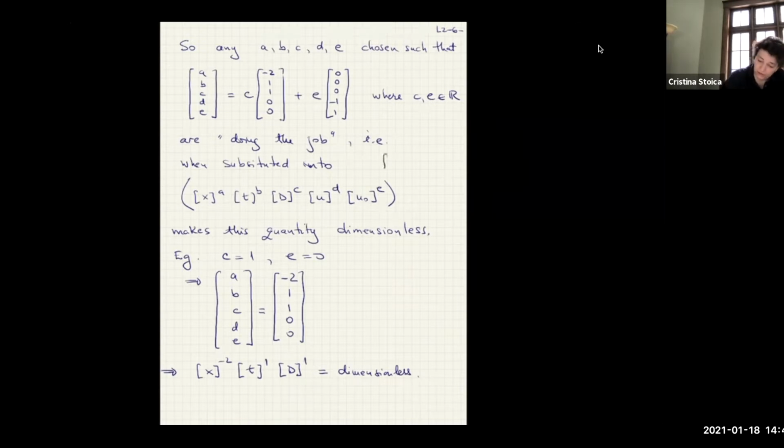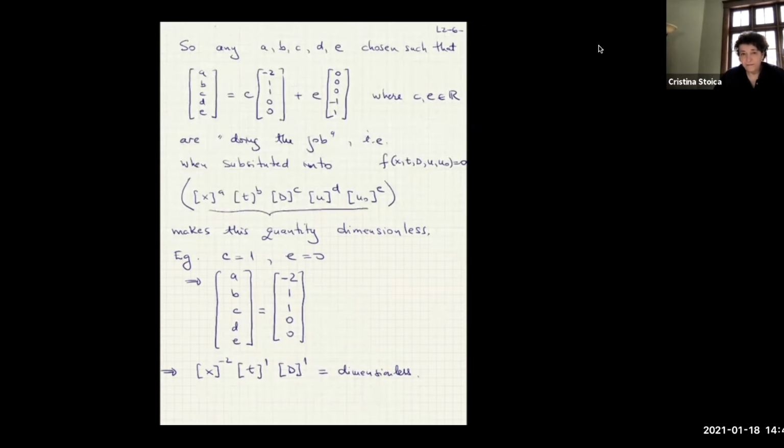The original was f of x, t, D, u naught equals 0, this functional relation between the physical quantities. So when we substitute A, B, C, D, E into their dimensional consequence, this quantity that we obtain has no dimensions.